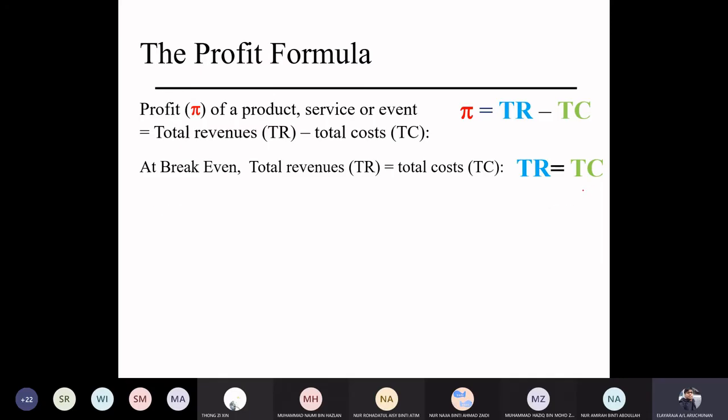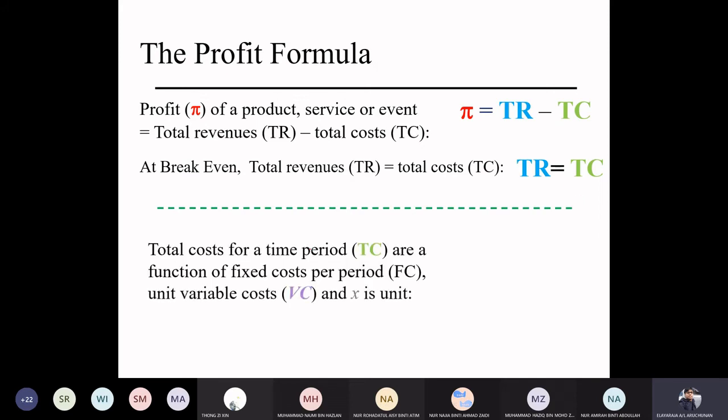Now, next, the total cost for that time period. The overall total cost is a function of fixed cost per period, which is your fixed cost, and unit variable cost, VC.